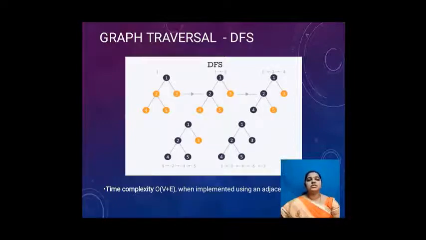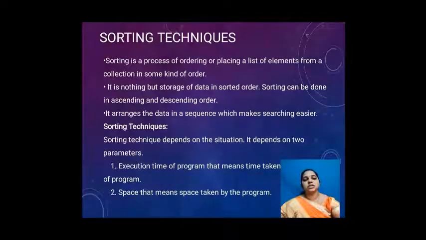Here 2 is already in the stack, so it cannot be pushed again, so we directly move on to the next node, 5. Again it goes back to node 2 and node 1. After that only we visit node 3. So finally we get the path 1, 2, 4, 5 and 3. The time complexity is order of V plus E, that is vertices and edges.